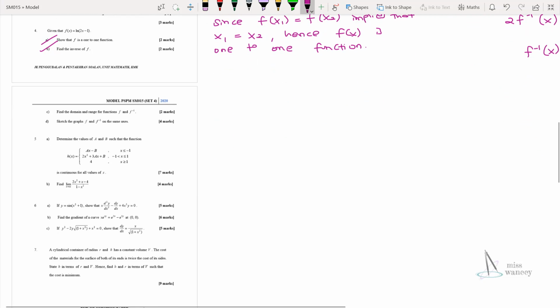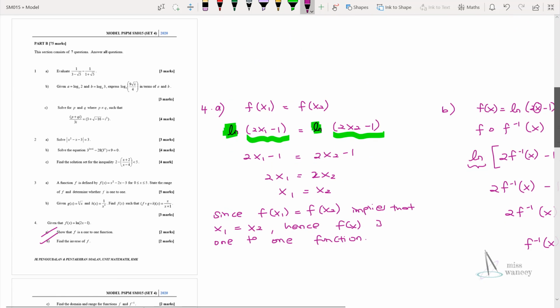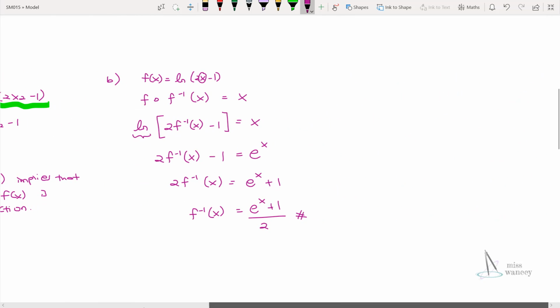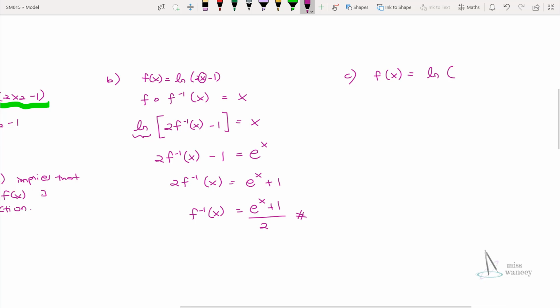Find the domain and range for the function f and f inverse. Okay, number 4c, the domain and the range. Let me write down f of x. So f of x is the ln of 2x minus 1. F inverse is e to the power of x plus 1 over 2.